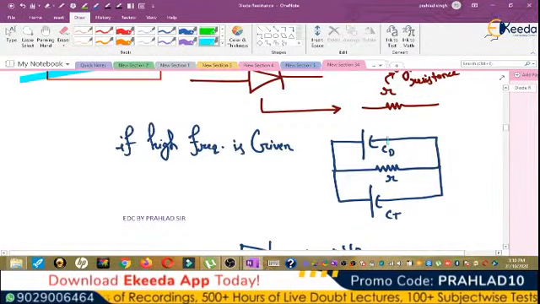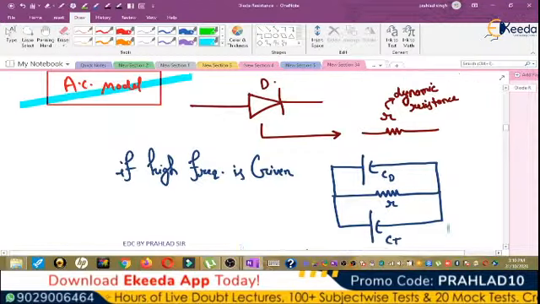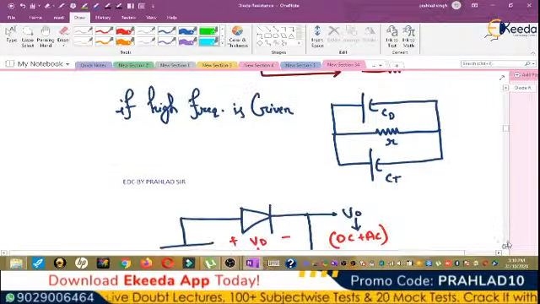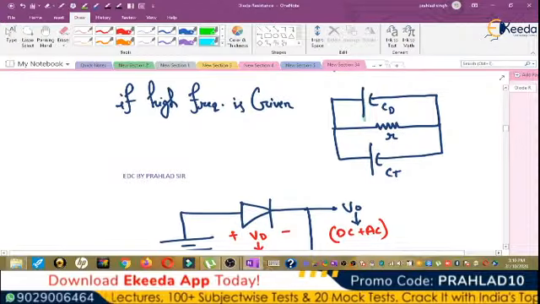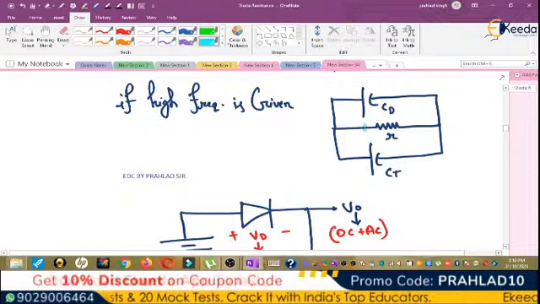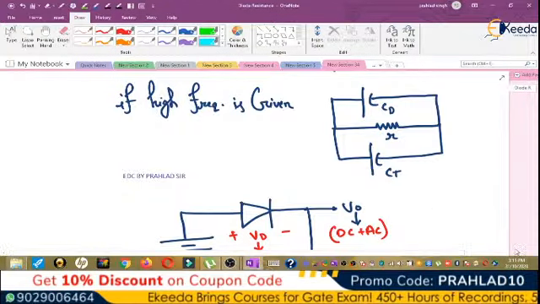For low frequency we only replace it with the dynamic resistance, because at low frequency CD and CT are open circuited: their value is in picofarads, so their reactance is very high at low frequency, and we can take them as open circuit. This is called the AC model of the diode.